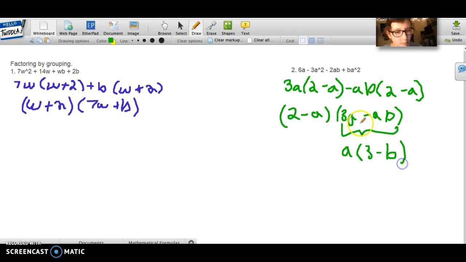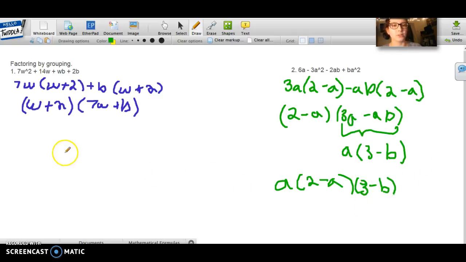So this term really can be split into a times 3 minus b. Then, when we put it all together, because we can't forget to multiply this together with this, because they're being multiplied in the problem, we really get a times 2 minus a times 3 minus b. And that's just a regular 3 minus b. And those would be our two factored forms.